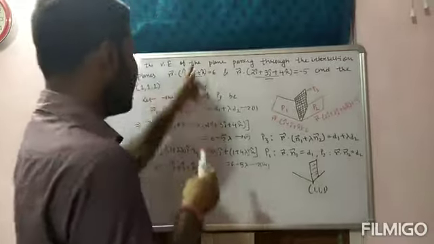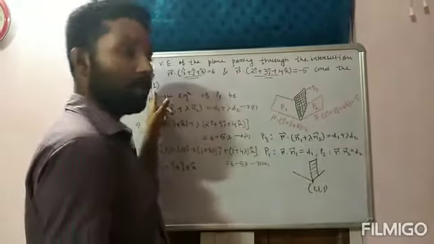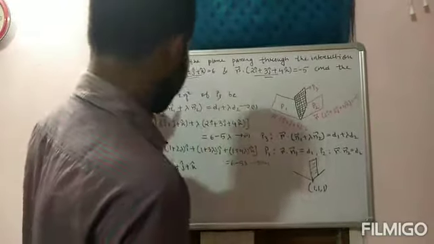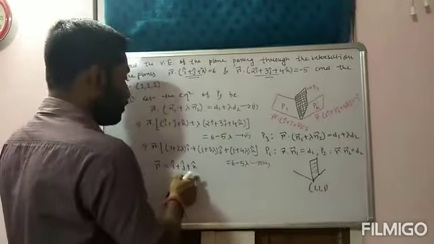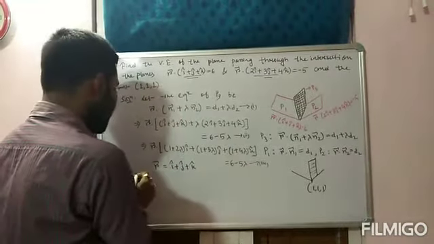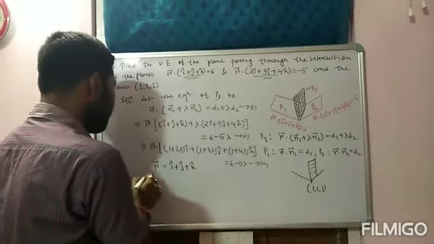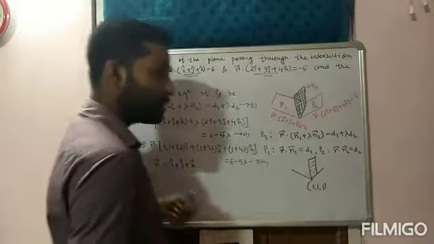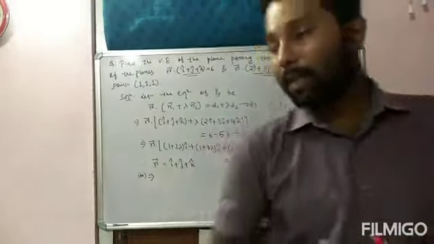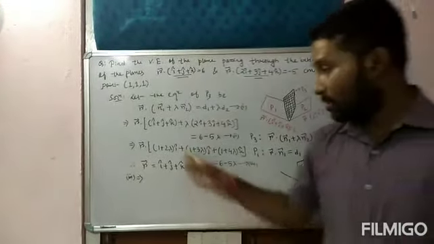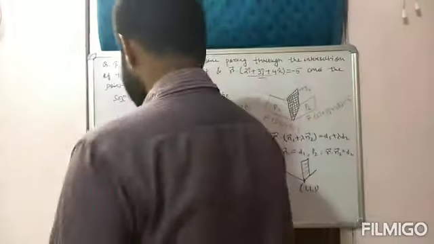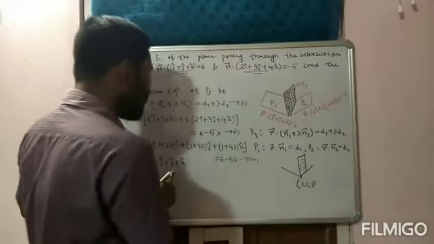Since the plane is passing through the point 1, 1, 1, so that's why you have to write these coordinates in vector form only. Now put the value of r bar in equation number 3. Why we need to put in equation number 3? What is the use? To get the value of lambda, because here lambda is unknown, right? Which is a scalar quantity.